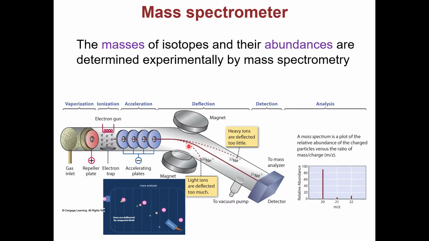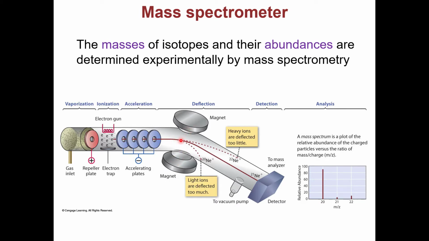That curvature will depend on the mass of the charged particle and the magnetic field of the magnet. So anything that is heavier will not curve enough to pass through, and anything that is lighter will curve too much and will get discarded, and only ions of certain mass will go through the tube to the detector.